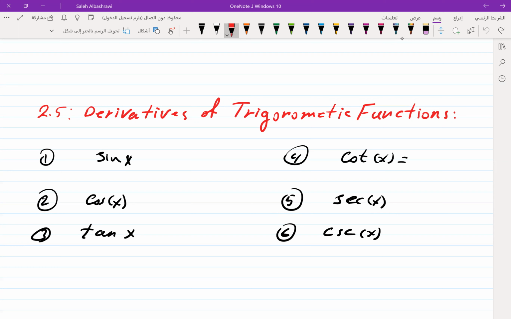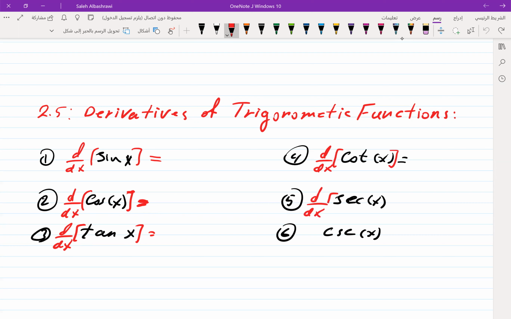The derivative of these functions, d by dx of sine x, is equal to cosine.